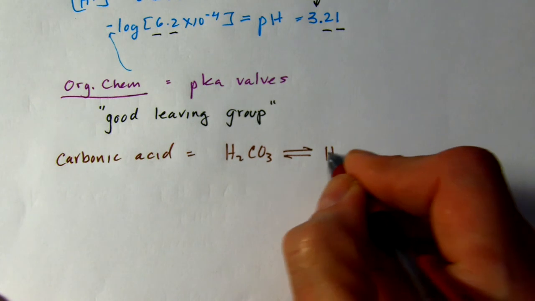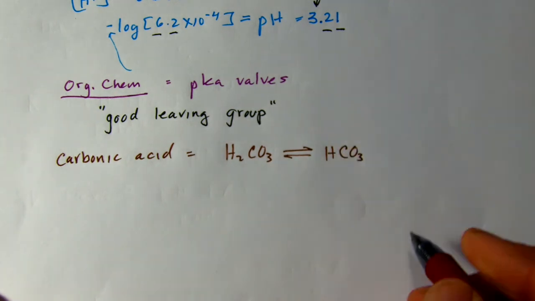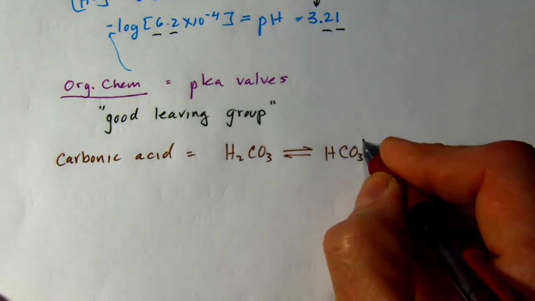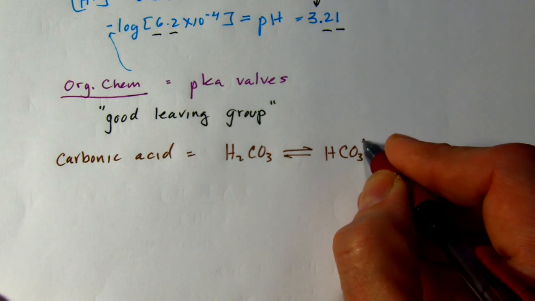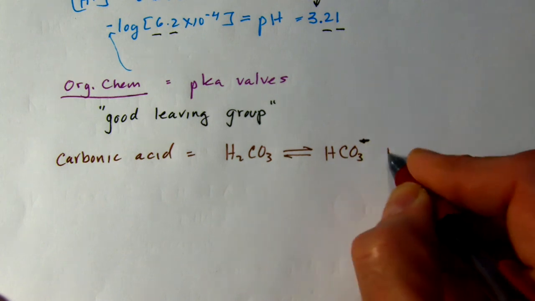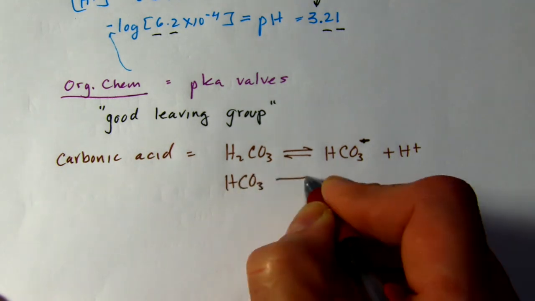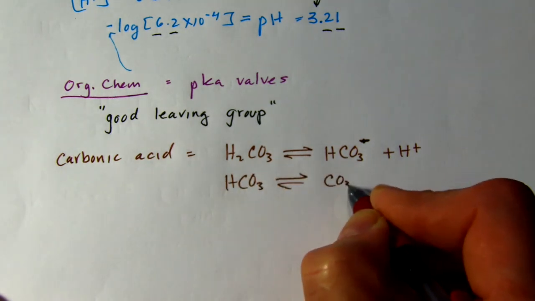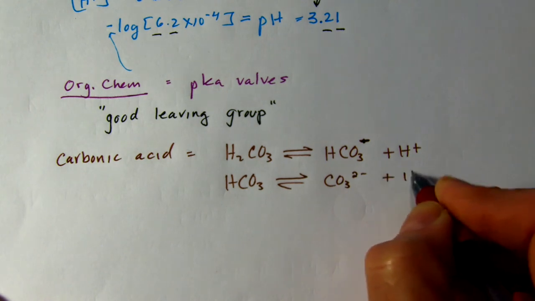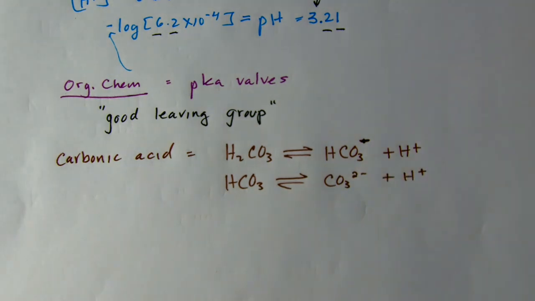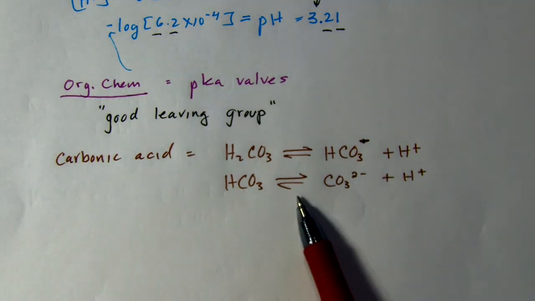Because the first dissociation is HCO3 minus, and an H plus, and then it can do it again, so HCO3 minus becomes the carbonate ion, and another H plus. Okay. The second Ka value is always going to be smaller than the first.